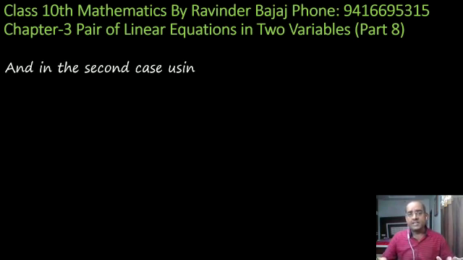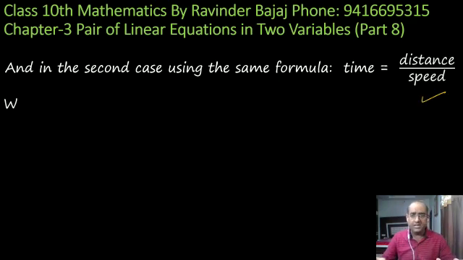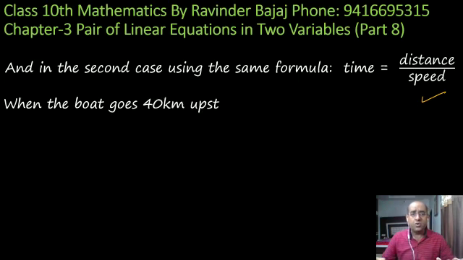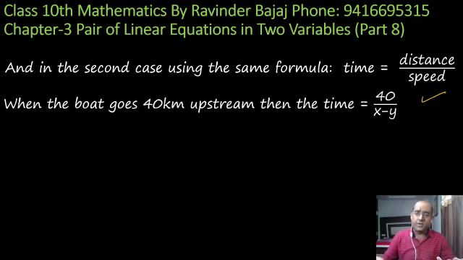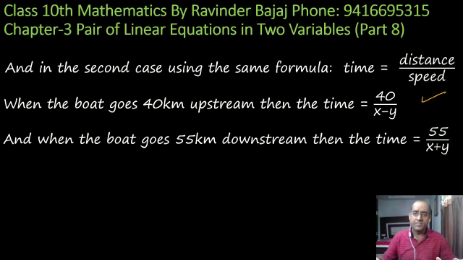And in the second case, there is one more case in which we will use the same formula, time is equal to distance upon speed. When the boat goes 40 kilometer upstream, then the time is equal to 40 upon x minus y. And when the boat goes 55 kilometer downstream, then the time is equal to 55 upon x plus y.